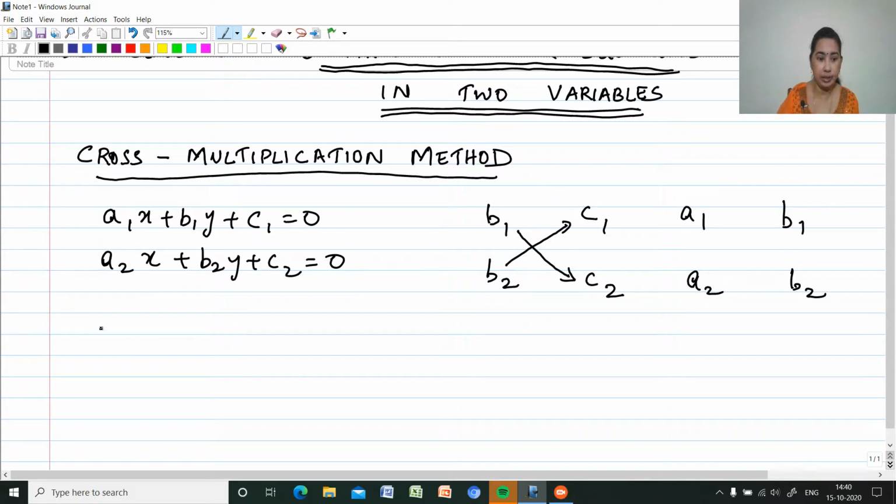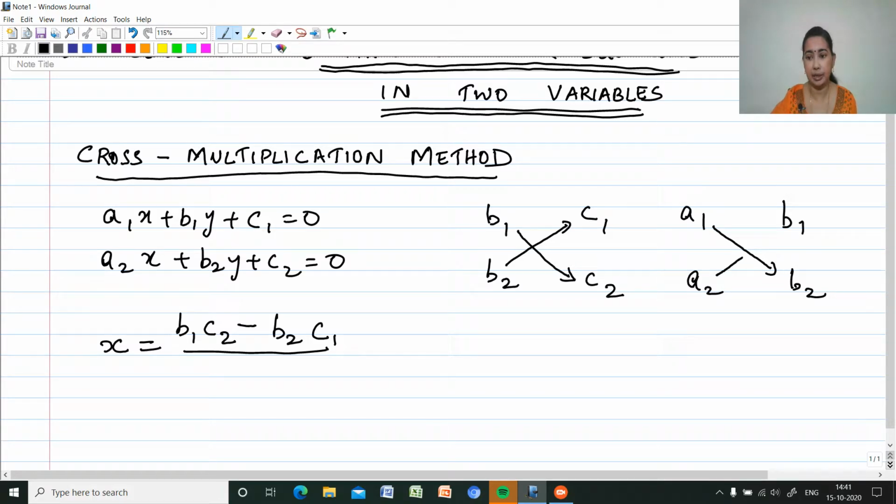We can write the solution as x equal to b1 c2 minus b2 c1 divided by the third one, that is a1 b2 minus a2 b1. So the denominator is a1 b2 minus a2 b1. In the same way, here we write x, here y and here 1.